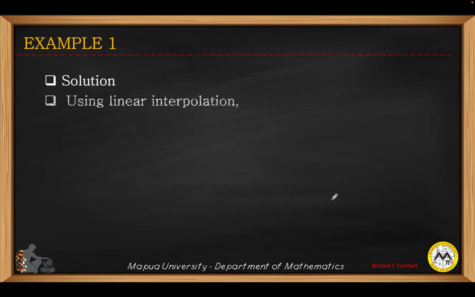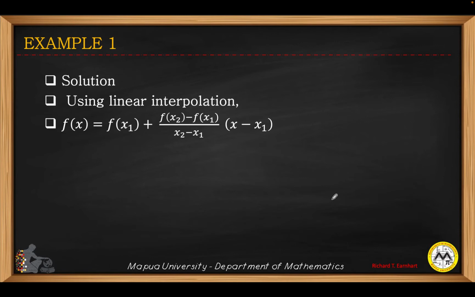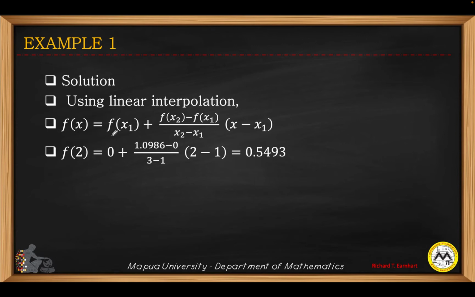So using the formula, we want to find f of 2, or that is ln of 2. Now your f of x sub 1 is 0, that is ln of 1, which is 0. And then your f of x sub 2 is ln of 3, which is 1.0986.